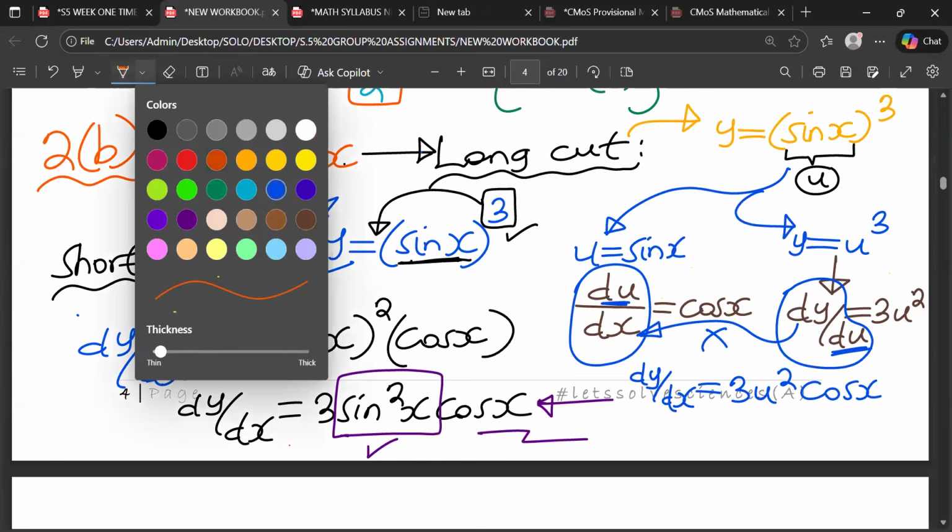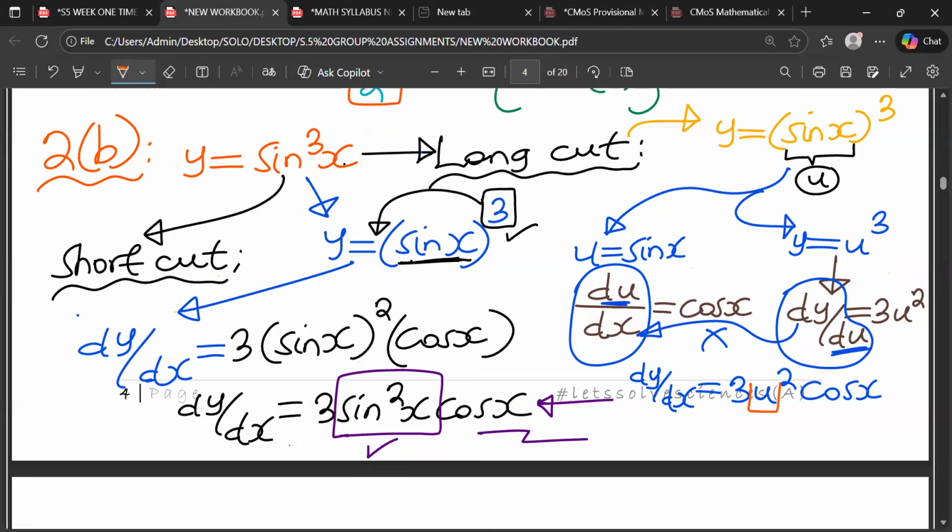But you all know this u alone, we let it be sin x. Remember, you're supposed to use it and dump it. So when you put there sin x, you get the same answer. The answer is the same. Split into two and everything.